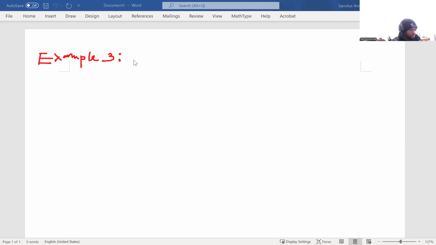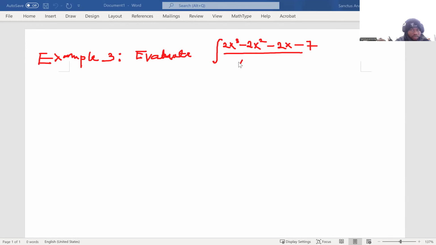Okay, so in example 3, we're going to evaluate the integral of 2x to the power 3 minus 2x to the power 2 minus 2x minus 7, all over x squared minus x minus 2, dx.